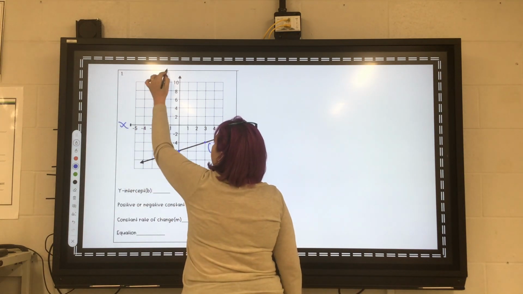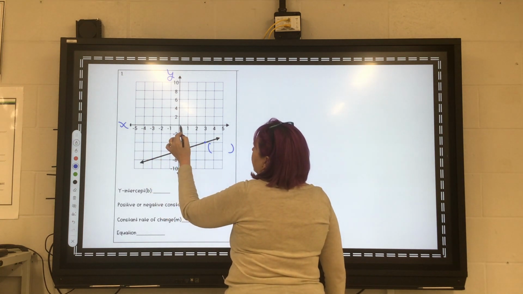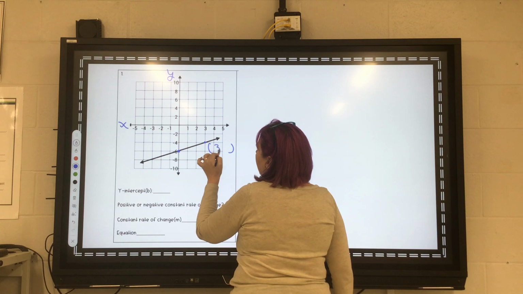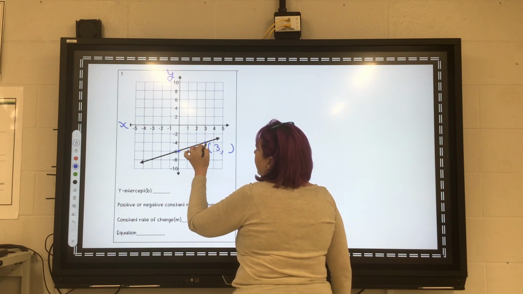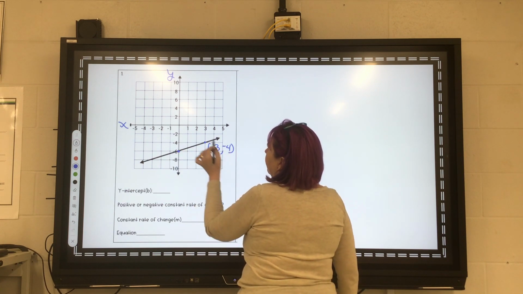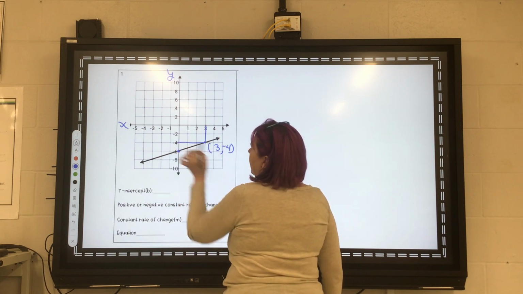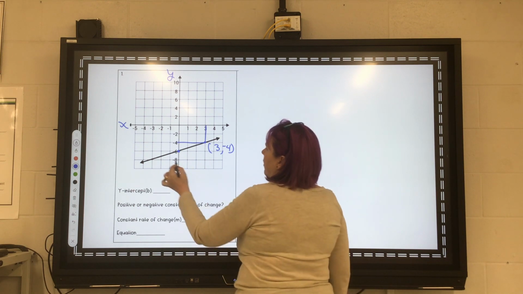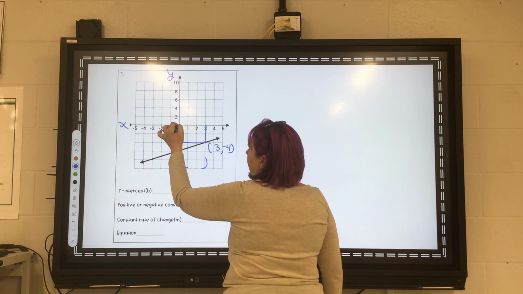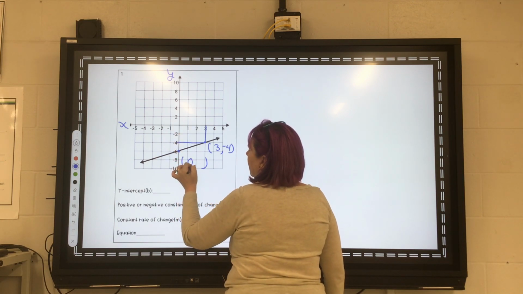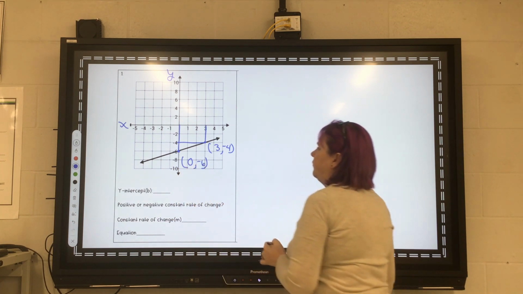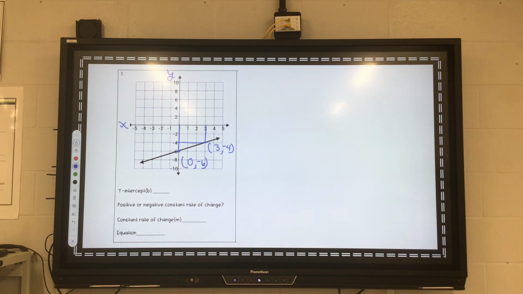Remember, this is x and this is y. So x comes first, so it's going to be 1, 2, 3, and down 1, 2, which in this case it's skipping, so it's -4. So it's going to go here. This other point is 0 and -6.